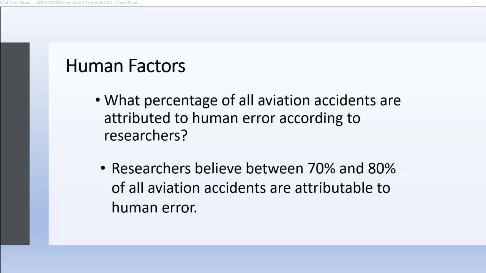In the early days of aviation, when aircraft weren't as reliable as they are today, mechanical issues caused the majority of aviation accidents. But today, because of the increased reliability and technology, our aircraft are much less prone to failure, and so the majority of aviation accidents today are now attributed to human error.